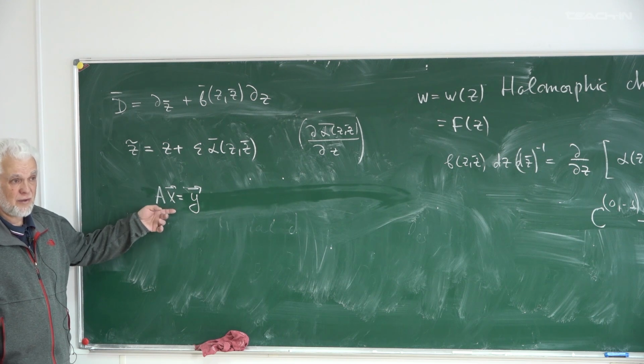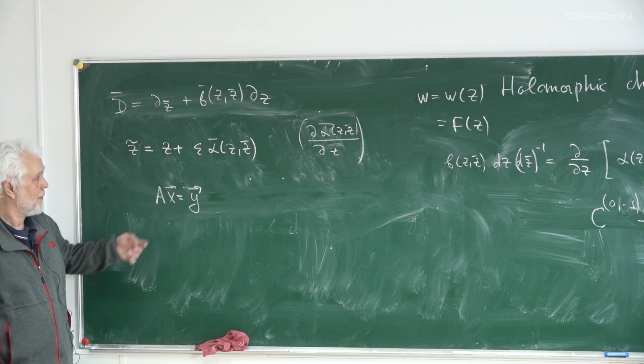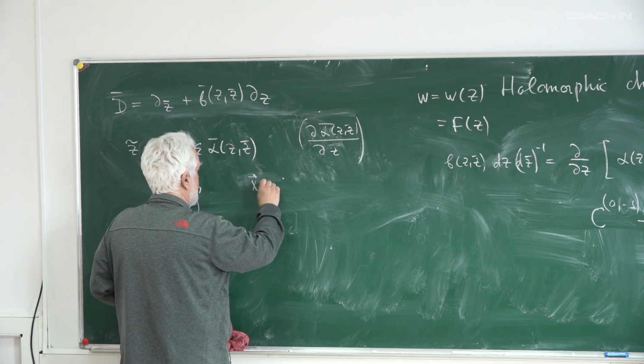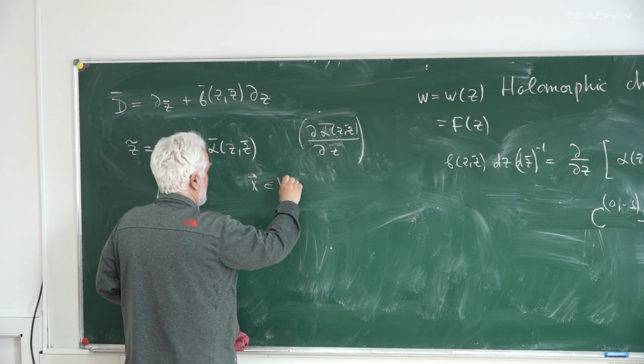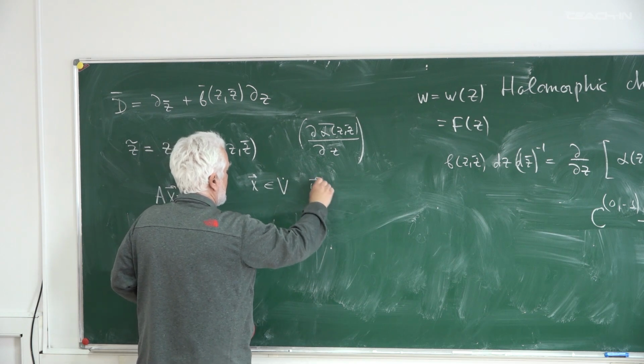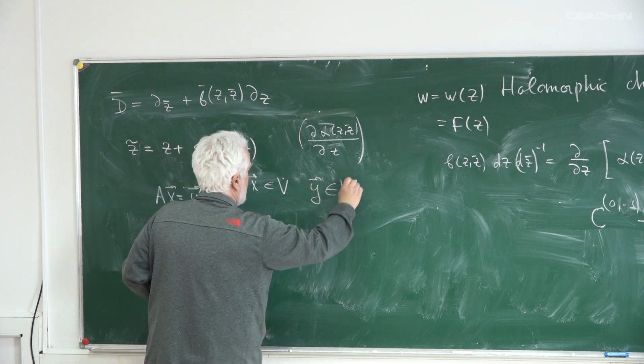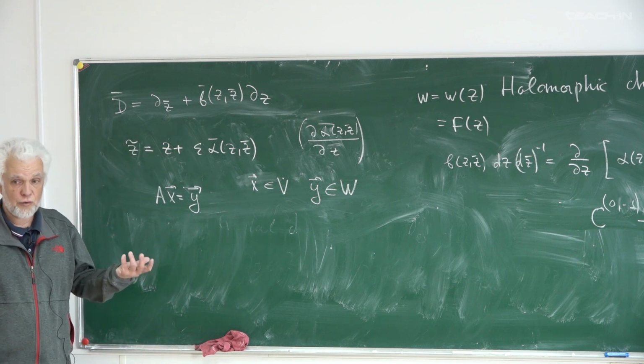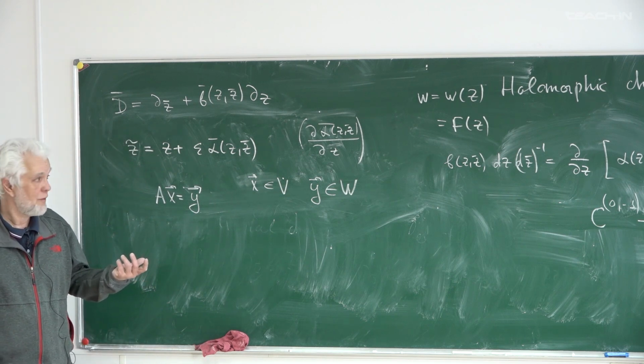What is the necessary and sufficient condition for solvability of this equation? X in space V, Y in space W. We can introduce an adjoint operator, you understand.